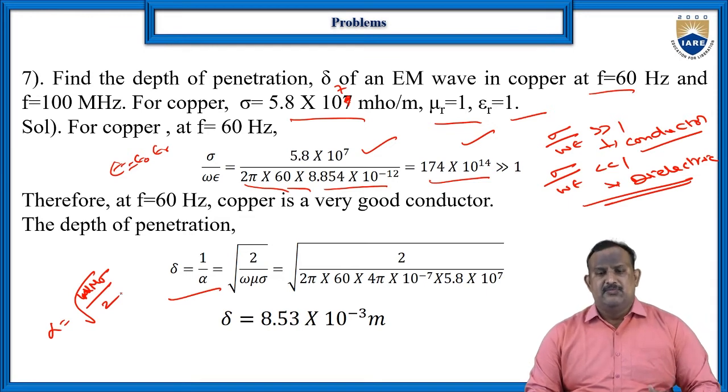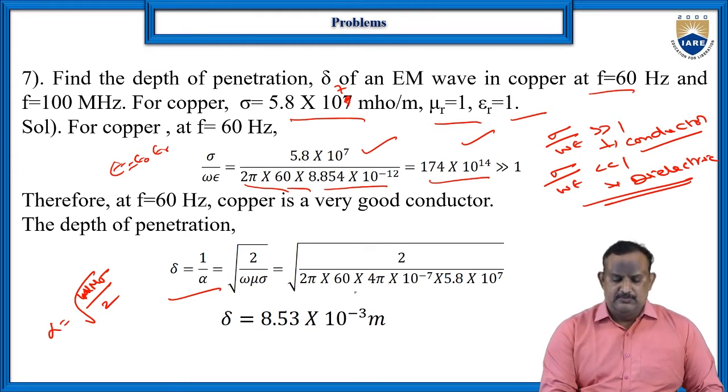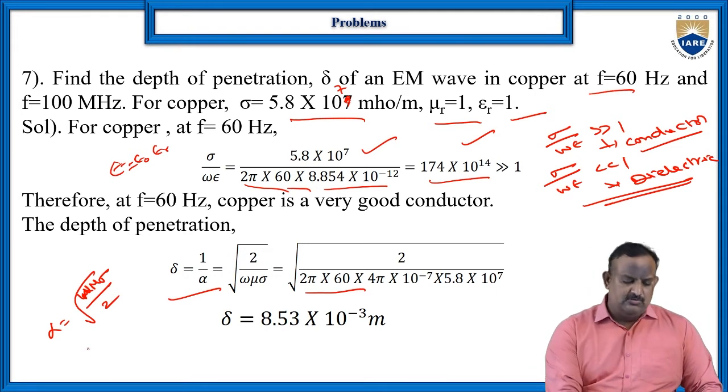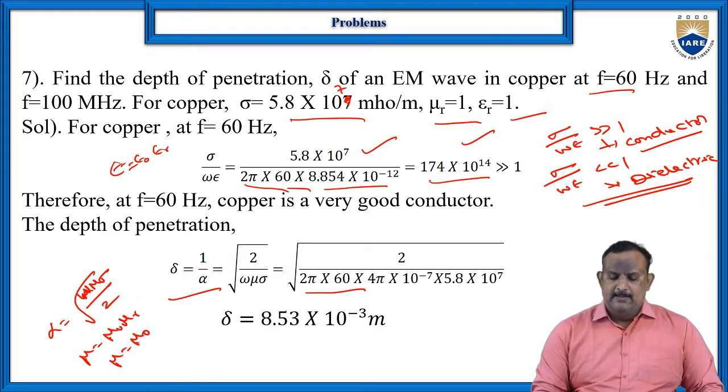Because it is 1 by alpha, delta is root of 2 by omega mu sigma, where omega is again 2 pi f. Mu equals mu naught into mu r, with mu r equal to 1, so we can substitute mu equal to mu naught.